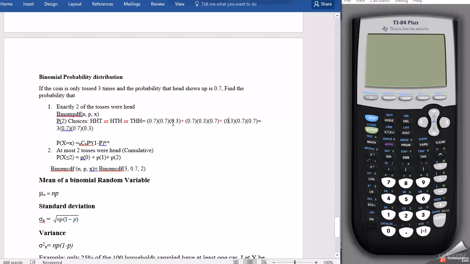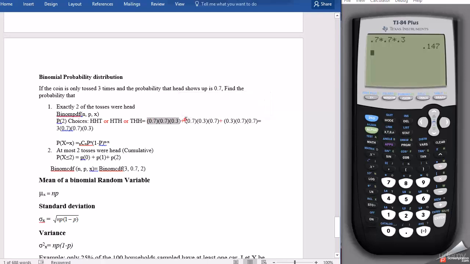Okay, so if you multiply these 3, let's use the graphing calculator, 0.7 times 0.7 times 0.3, we get 0.147. So when you multiply these 3, this is going to give us 0.147.